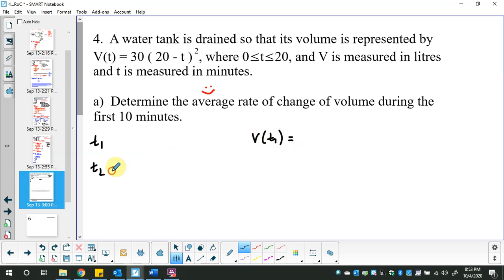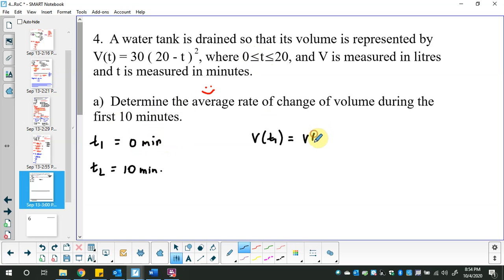Now, almost everybody does that just fine. I'm going to put minutes, just so I have it written somewhere. But a lot of people will put 1 here, when really, when I'm asking for the first 10 minutes, we're starting at the beginning of this story, which is at the 0 minute mark.